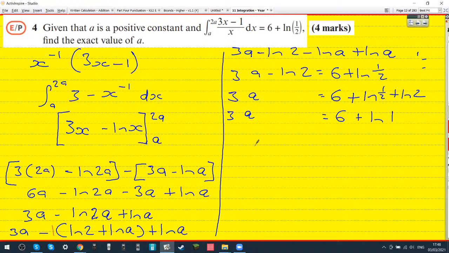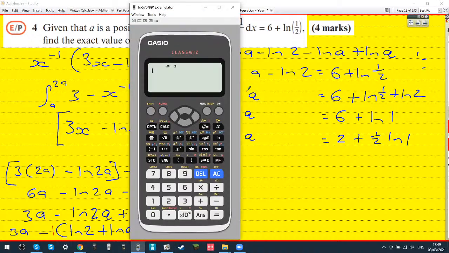a equals 6 plus ln 1 all over 3. All right. What's 6 over 3? 2. And I'm going to write the other one as a half ln 1. ln 1 is 0.